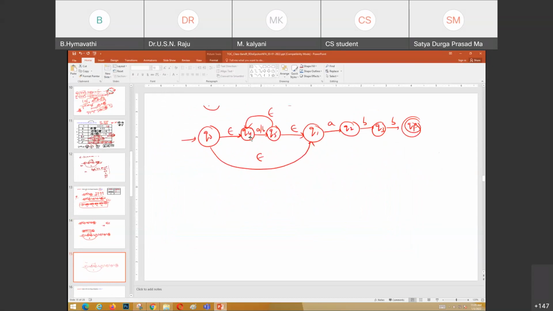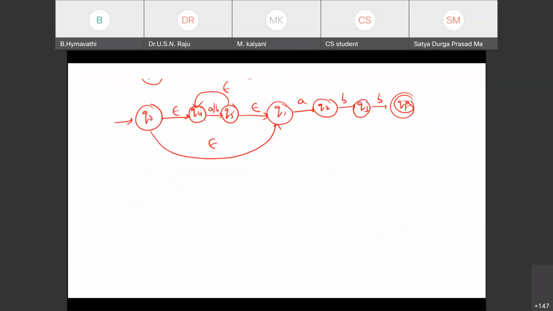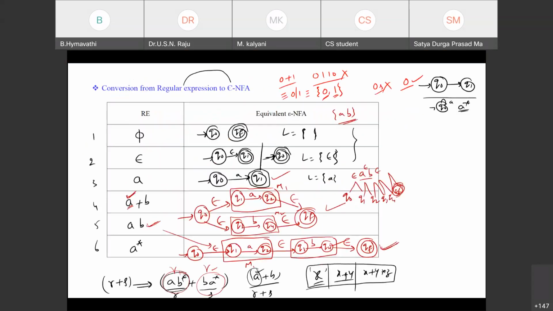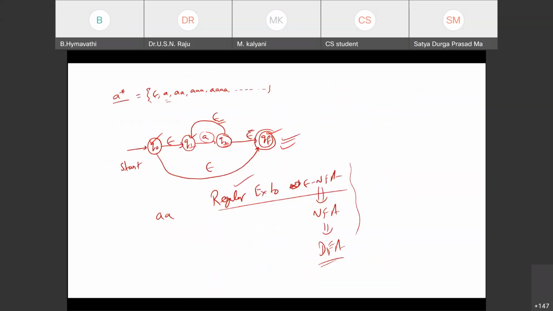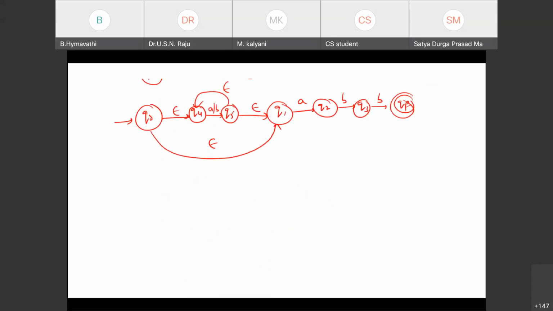I need to expand this now. Between Q4 and Q5, we need to get A or B. Do you remember that A or B diagram? This is for A and this is for B, and you will be getting these epsilon transitions. The same way, in between Q4 and Q5, I need to get it.